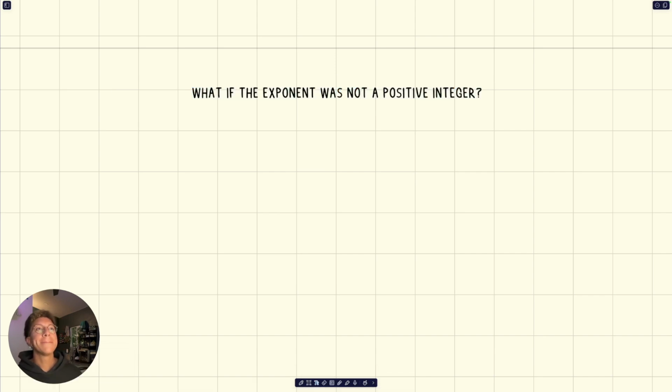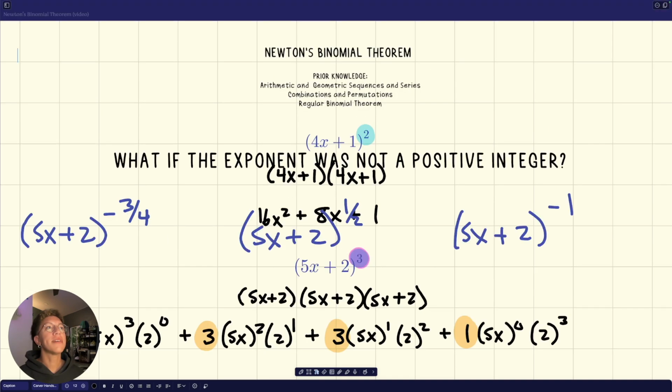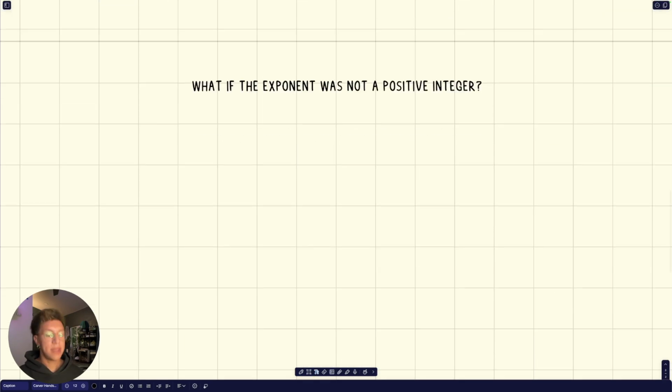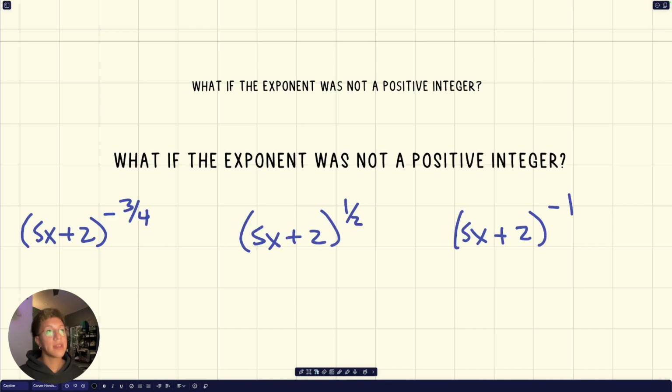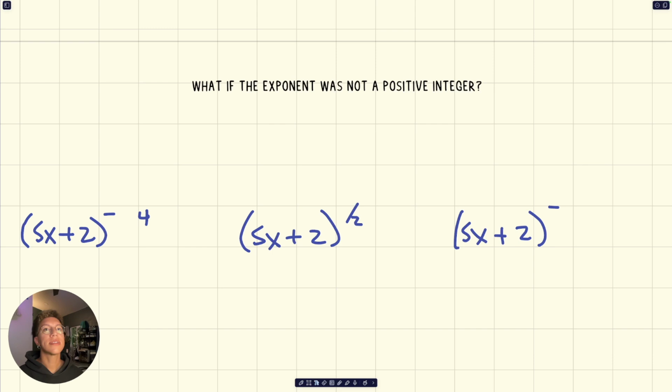So to answer this question, I guess we should put up some examples, right? Some examples of a binomial raised to a non-positive integer could look something like this.